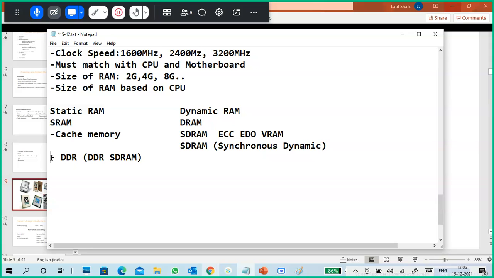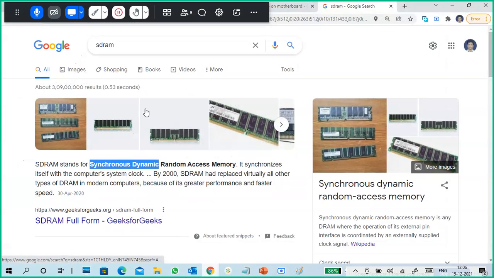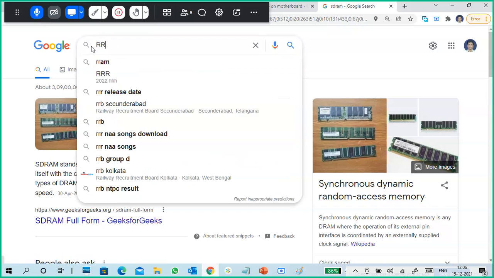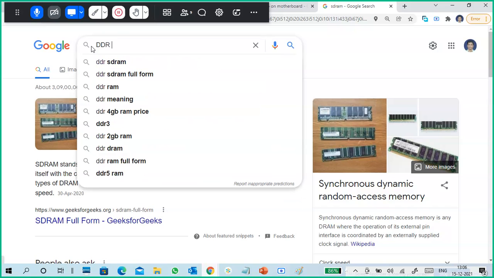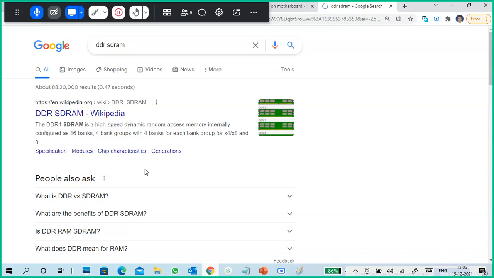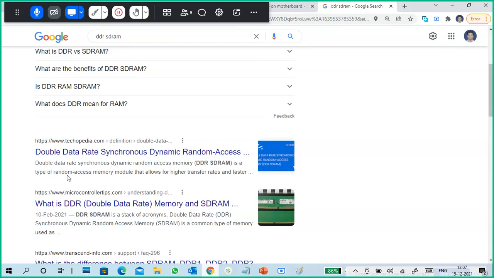Synchronous dynamic RAM. It is further developed into DDR. Okay. So what is DDR? So now we can't recollect all of this.